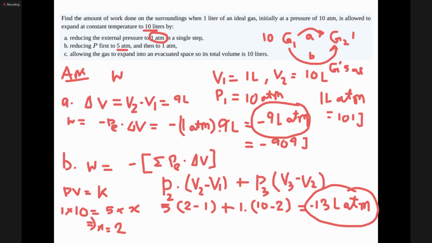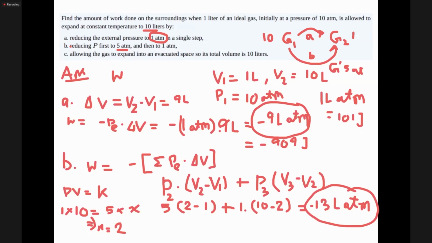In these cases, from G1 to G2, we have path A and path B. In case of path A, from 10 atmosphere to 1 atmosphere, we are going by a single concerted step. But in the second case, that is path B, we are going in a stepwise manner.